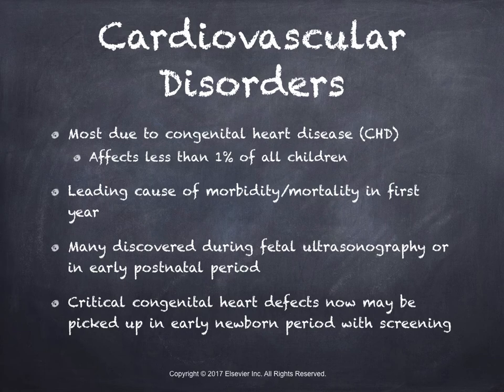So when you're reviewing your prenatal records on any newborns you're seeing, in addition to making sure that babies pass the hearing screening, now you'll also want to assess that they pass the critical congenital heart defect screening.